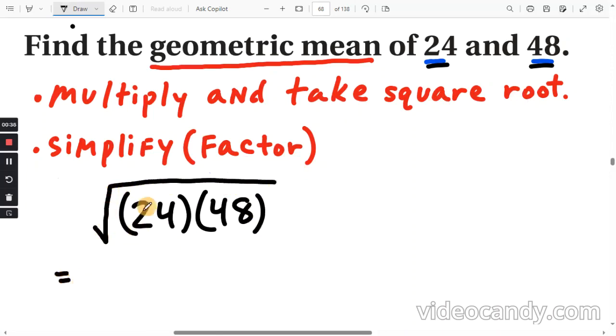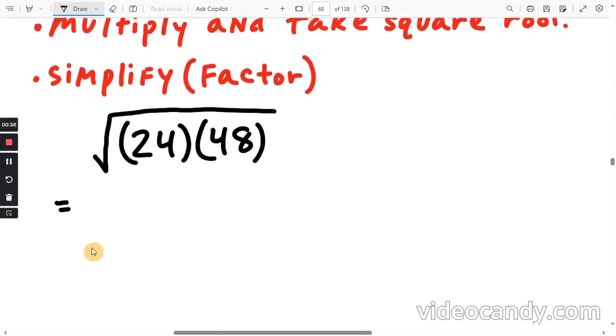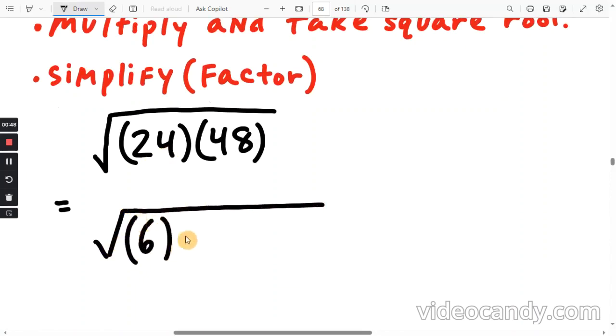All right, so let's break this up a little bit. We have the square root. What times what is 24? Well, let's start with 6 times 4. Okay, that's pretty good. And what times what is 48? Let's start with 6 times 8.